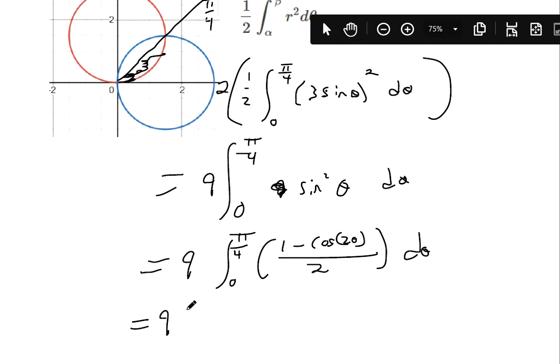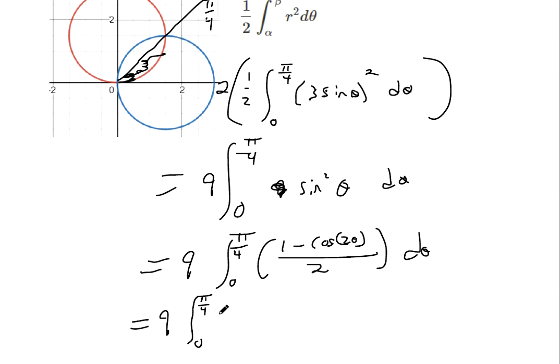This is 9 times the integral of 1/2 with respect to theta, minus, got to distribute the 9 to the other part too. So this is minus 9 times the integral from 0 to pi over 4. Actually, no, it's still minus. Okay.